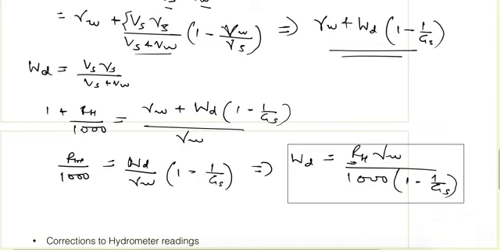So this hydrometer reading H will be at the depth of He, and as we saw, this was the weight of the solids per total volume of the suspension.